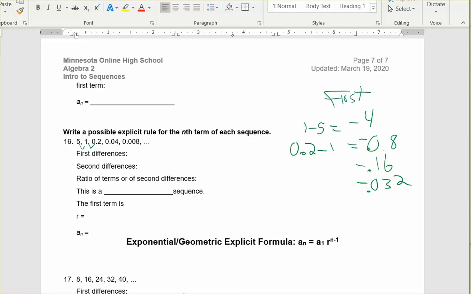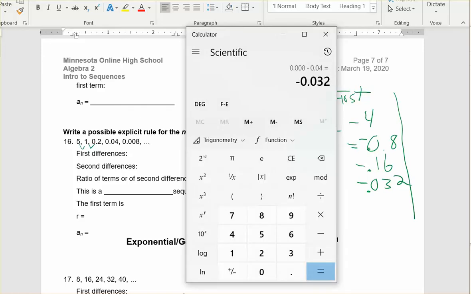And now we need the second differences, which means we subtract these. So we're going to take -0.8 minus a -4, which is the same as +4, so that's 3.2.